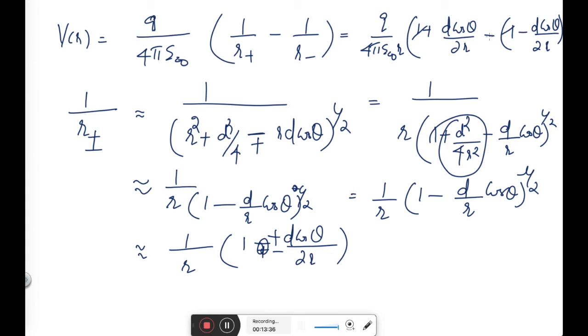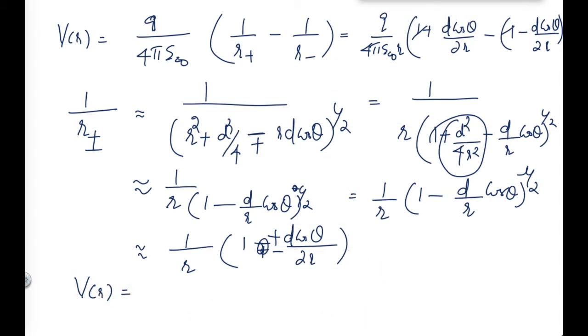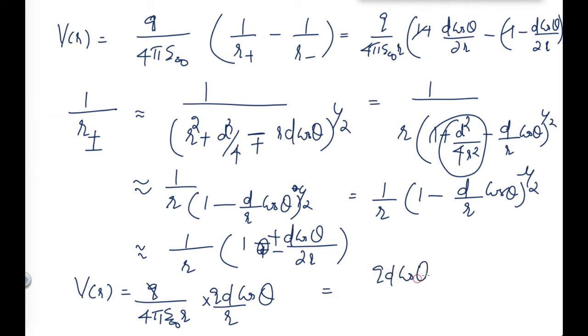So 1 and 1 get cancelled, minus of minus becomes positive, and it comes like V of r is equal to q by 4 pi epsilon 0 r into d cos theta. So we take this q d cos theta by 2r, so it is q d cos theta divided by 4 pi epsilon 0 r square.